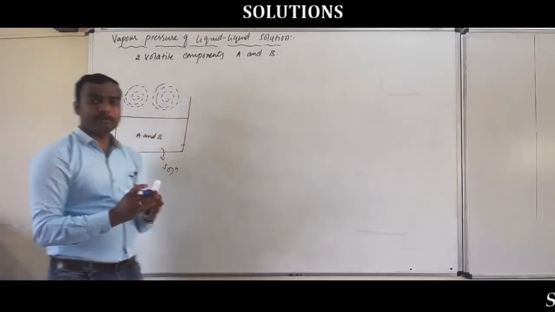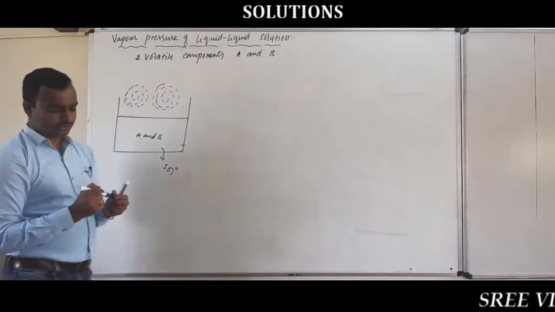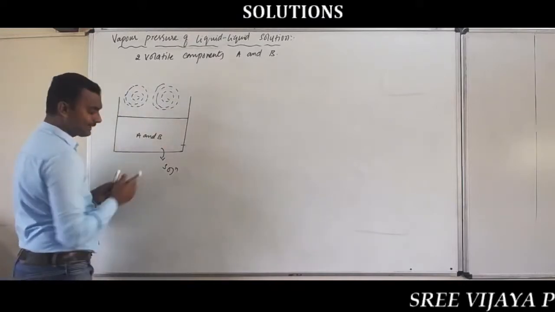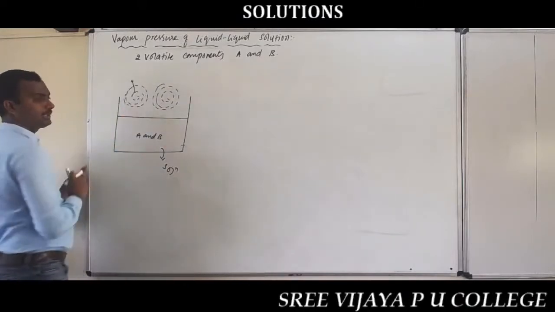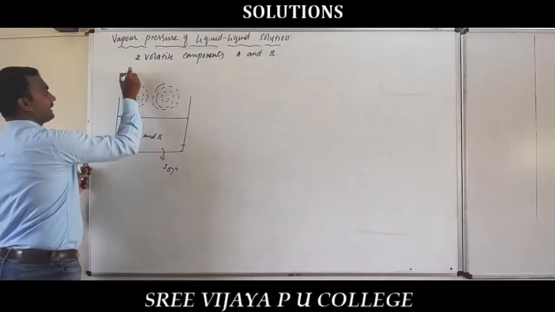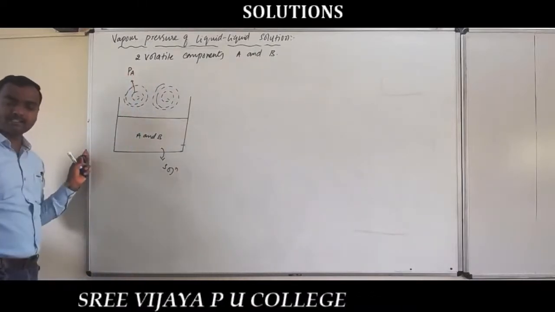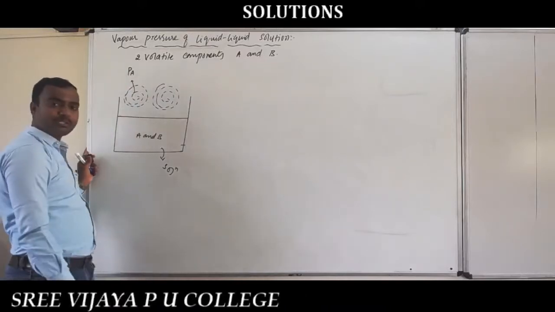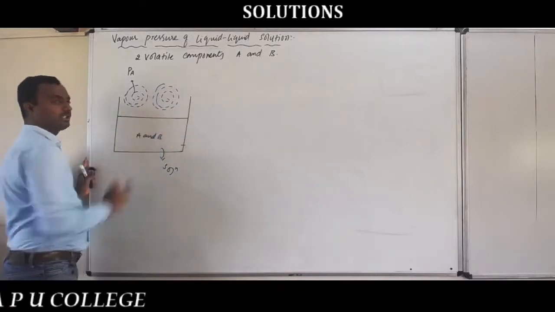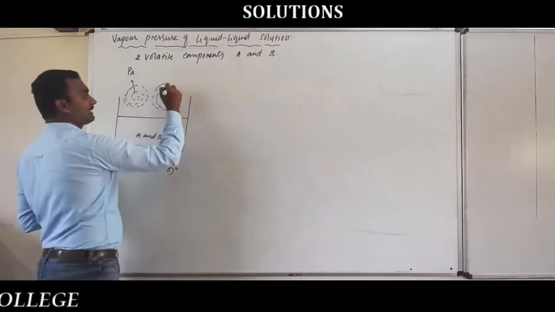Again, because of the vapors there exists a pressure. That pressure is called vapor pressure, as I already explained. So these are the vapors of A, and the pressure created is called the vapor pressure of component A. That is taken as PA, the partial vapor pressure of component A. And these are the vapors of component B above the solution phase, and these vapors create a pressure.